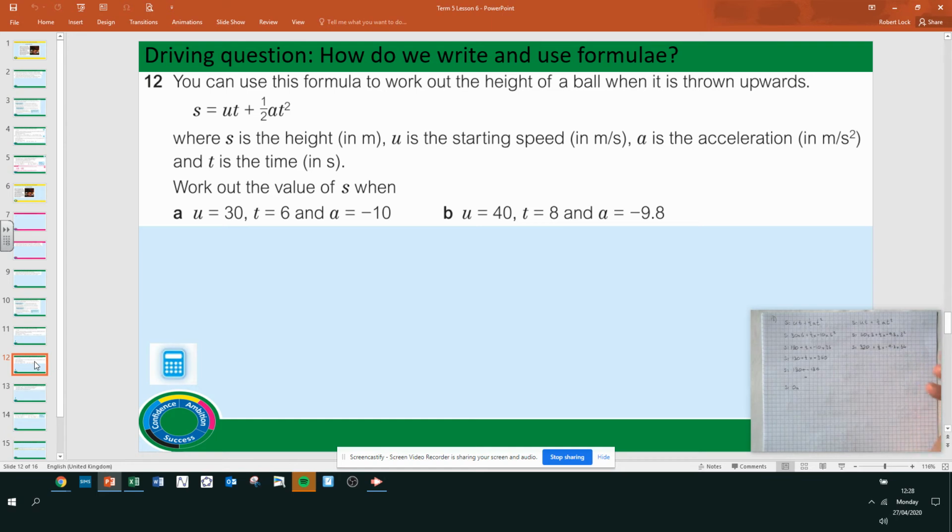Rather than working out that times that and halving it, let's halve it first. So half of 64 makes 32. So that'd be plus minus 9.8 times 32. Plus and minus makes a minus, so minus 9.8 times 32.